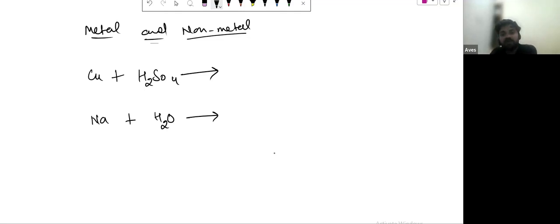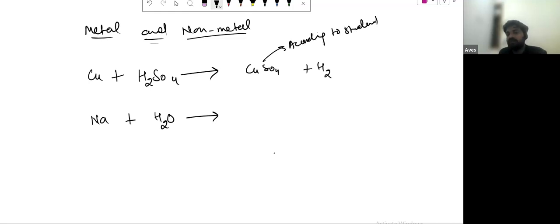Is there anyone who can tell me what happens when copper reacts with H2SO4, sulfuric acid? CuSO4 plus H2, according to the students. Okay. And what would happen when sodium reacts with water?